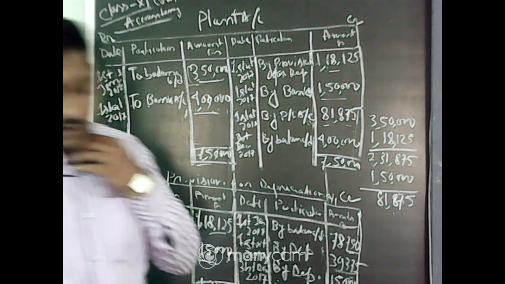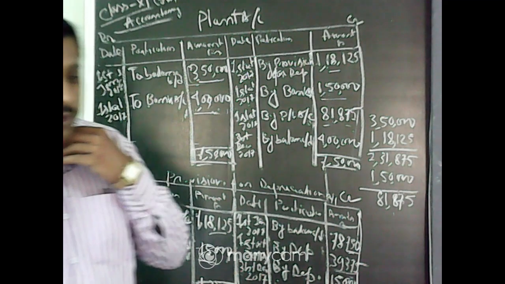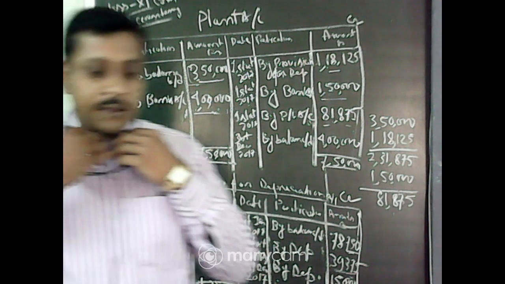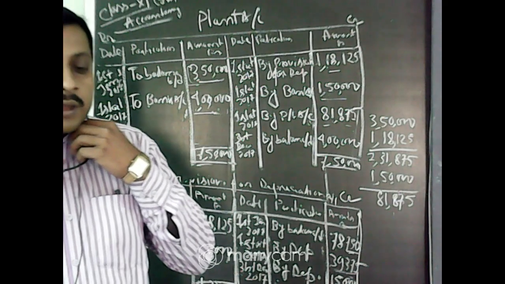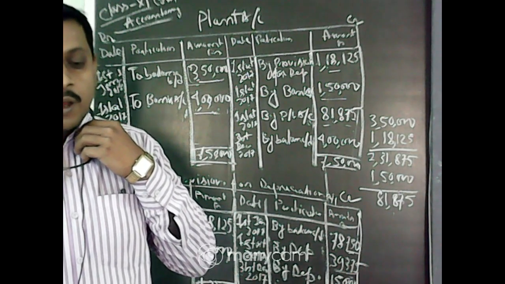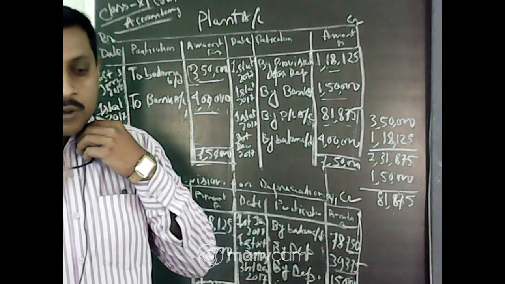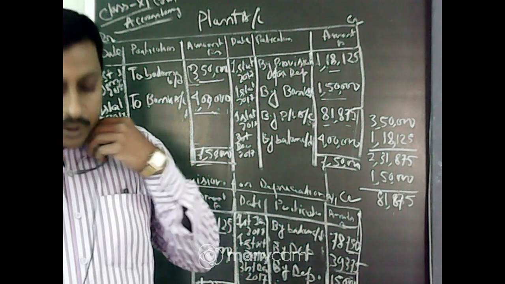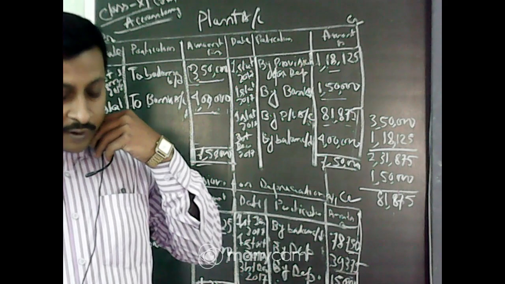Asset disposal means you are selling. Whenever you are selling machinery, we will build this other account, and you have to learn how to maintain it. That is also very important for your exam.